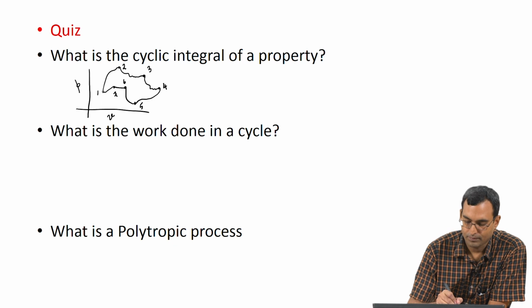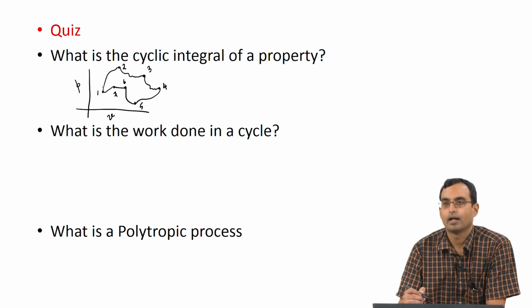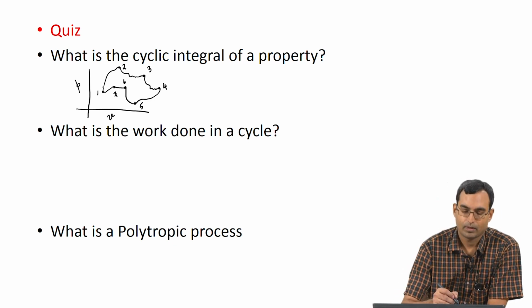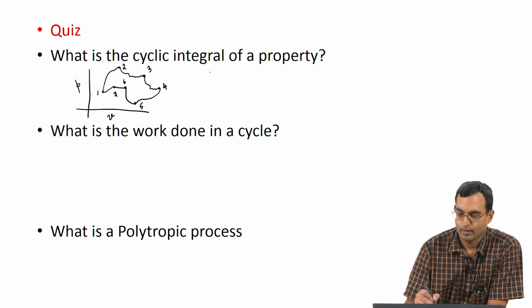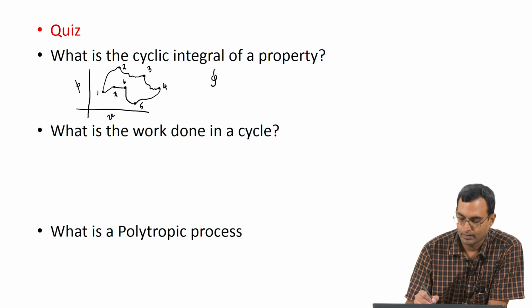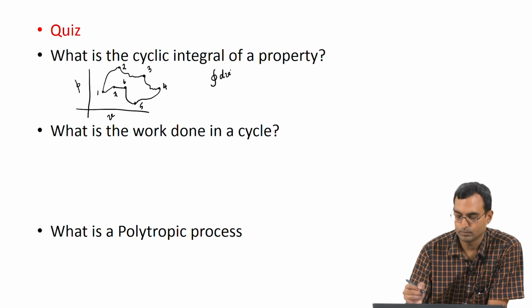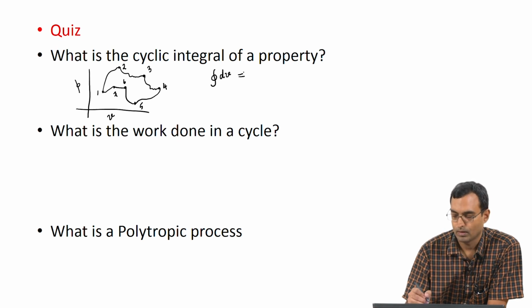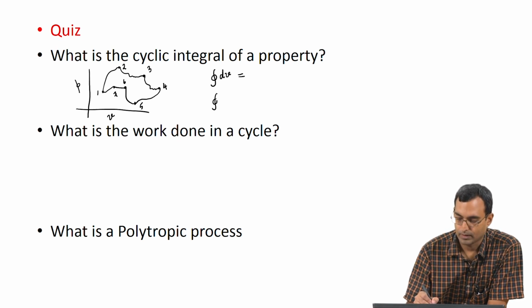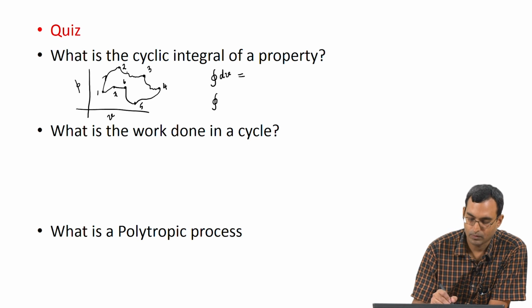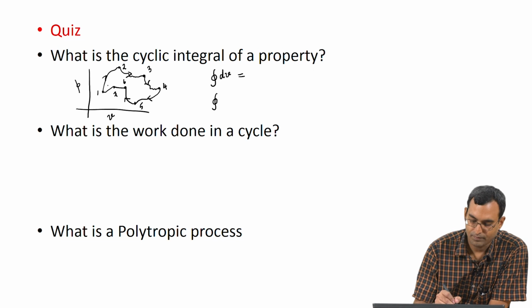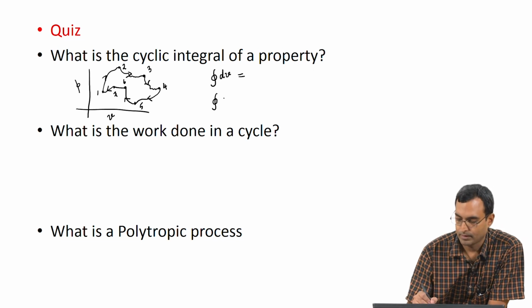So, if I wanted to find the cyclic integral, the way we represent it is this, the cyclic integral of a property. So, if I take some property, for example, volume, how much is this? Or if I take some other property along this cycle, going from 1 to 2 and 2 to 3, 3 to 4 and so on, how much is this?